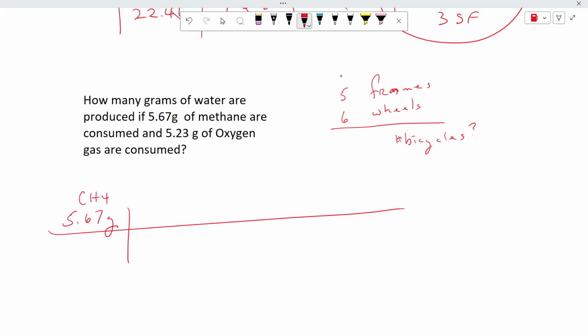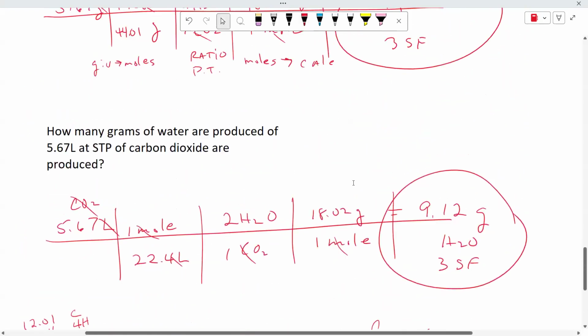So methane is 16.05 grams. So 1 carbon, 4 hydrogens from the periodic table, 16.05. Okay. And then let me just grab the balanced equation up here.